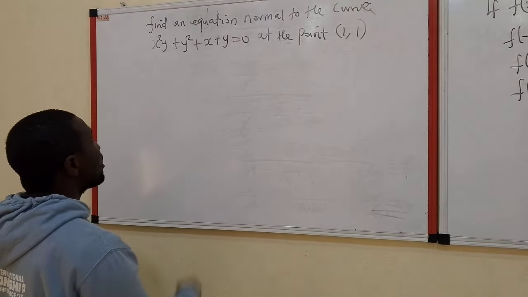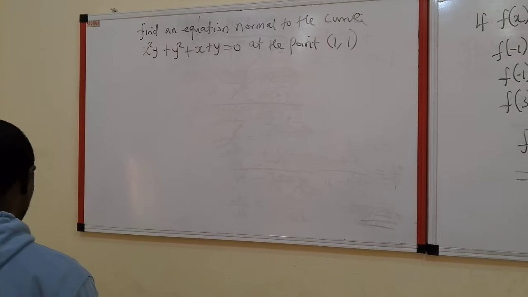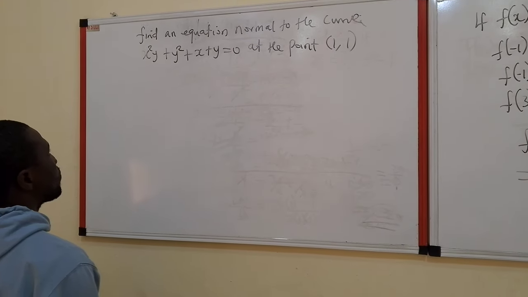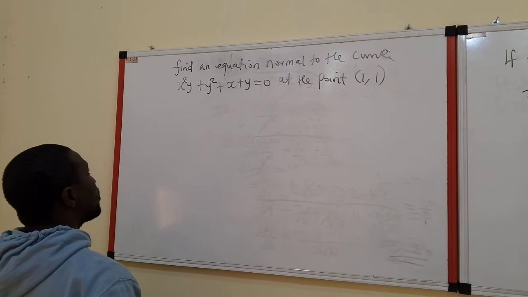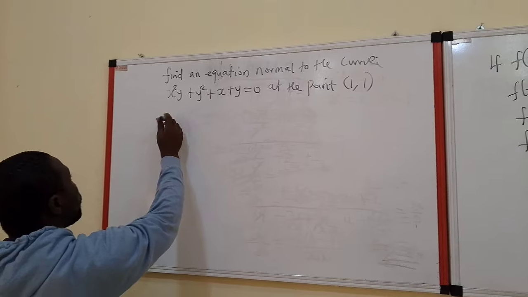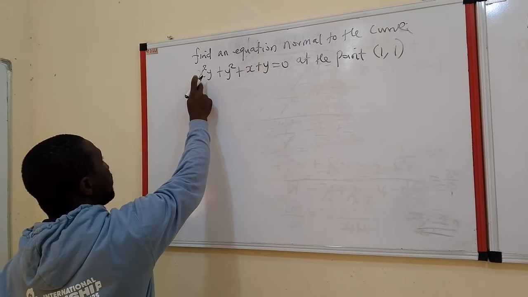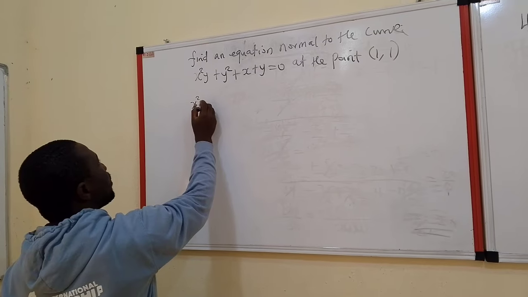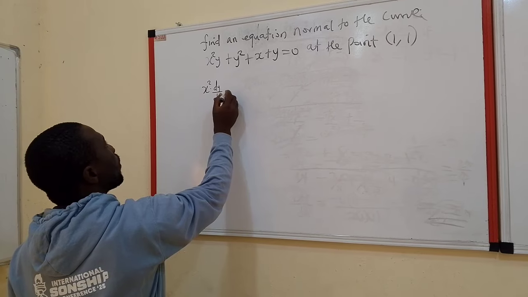Now, how do we get the slope of this curve at that point? For us to get the slope of the curve, we need to differentiate it. Apply the product rule of differentiation here. Keep this one constant first, x squared. Differentiate y, you have dy over dx.